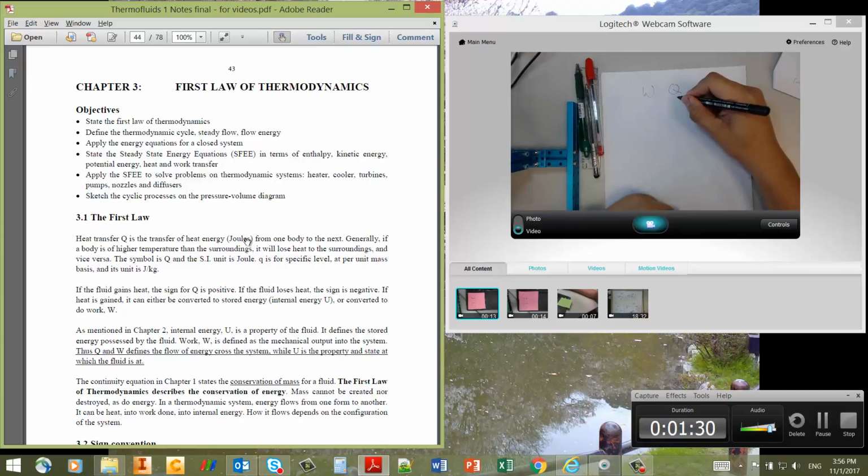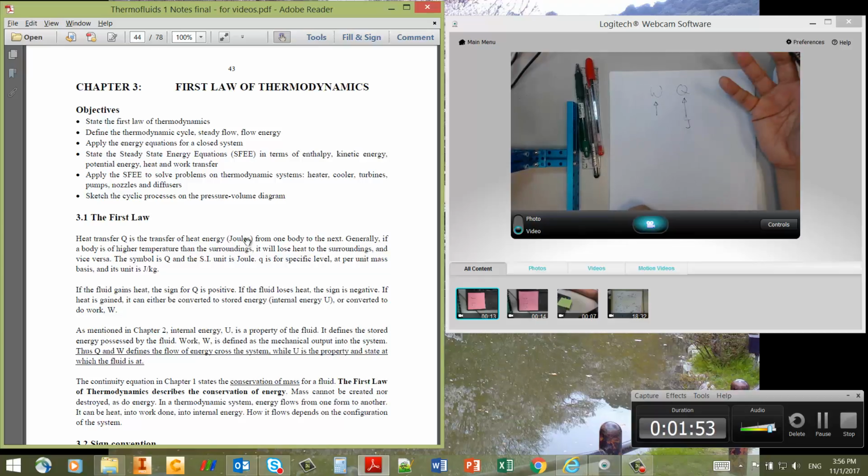Heat is Q, instead of the volume flow rate when we were talking about fluid dynamics. So Q is heat, and heat energy is a form of energy, so the unit is joules. And work is W, and it is also a form of energy, so the SI unit is also joules.